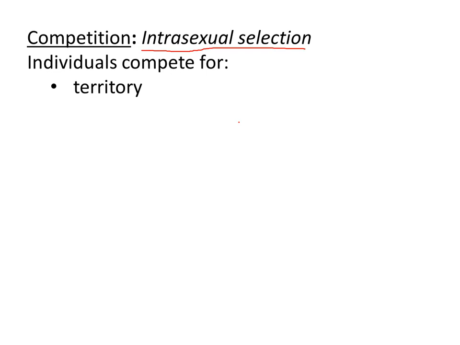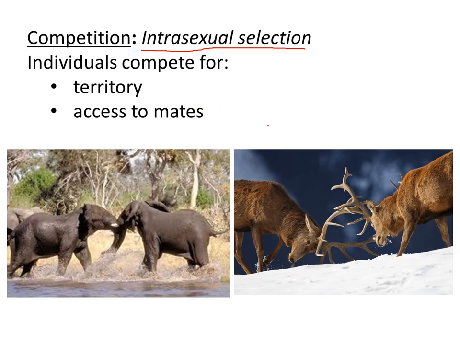So for example, if males have to compete for territory or access to mates, what can happen is they end up with particular traits that allow them to be successful for that. The females may not care for those traits, as long as they don't dislike them. It could actually develop because of intrasexual selection.